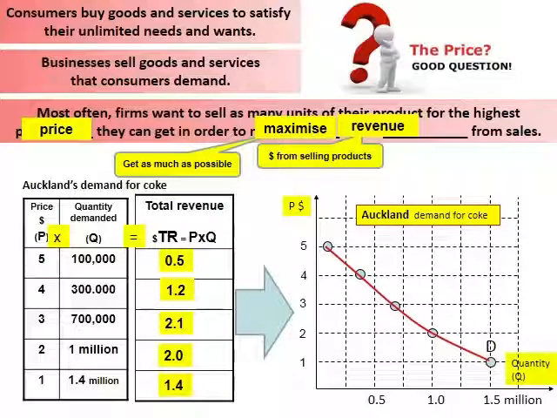So here's another example of where the price changes affect total revenue. And so you can see as the price decreases from $5 down to $3, total revenue increases. So there we can conclude demand is elastic.